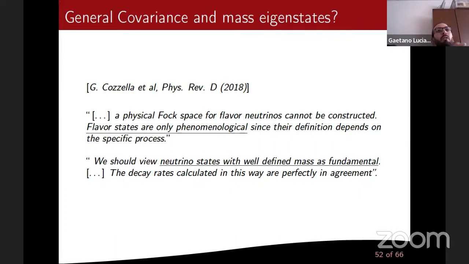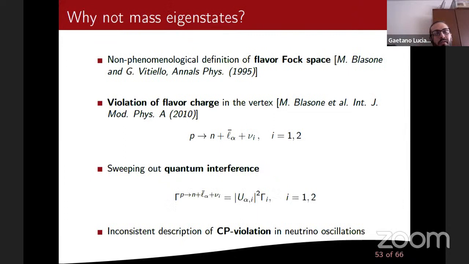In principle, you first should know the process, all the properties and features of the process, and then you can put the state of your particle. But more generally, we need a, let's say, universal theory. The more the theory is universal, the more it is fundamental. You don't have this problem with flavor states. You don't need any detector knowledge.